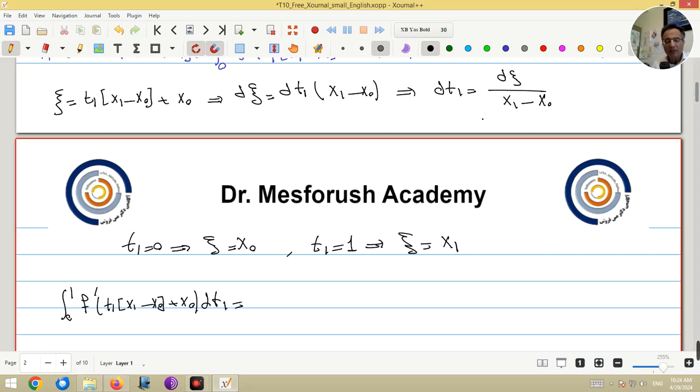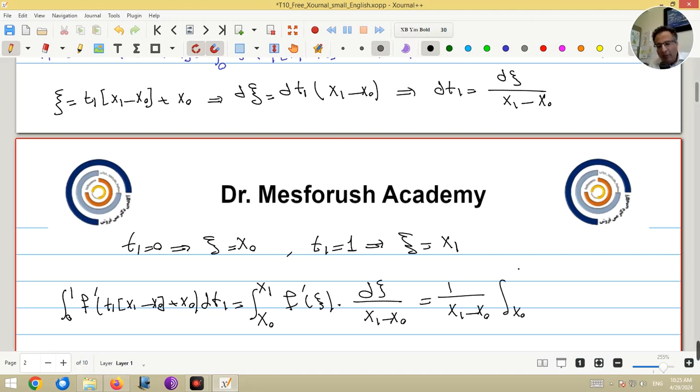By this change of variable, I can write the integral from x0 to x1 of f prime of xi times dxi over (x1 minus x0), and it will be 1 over (x1 minus x0) times the integral from x0 to x1 of f prime of xi dxi.